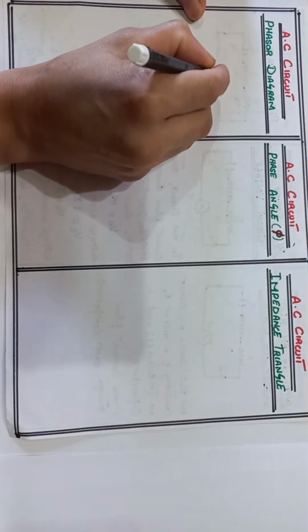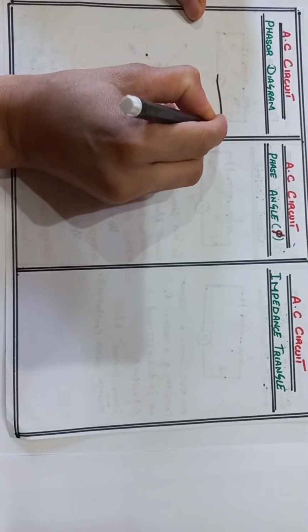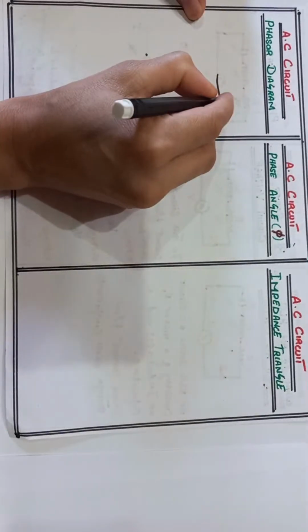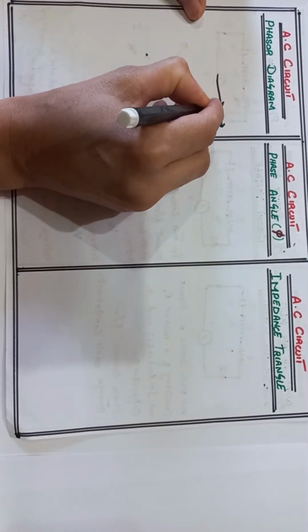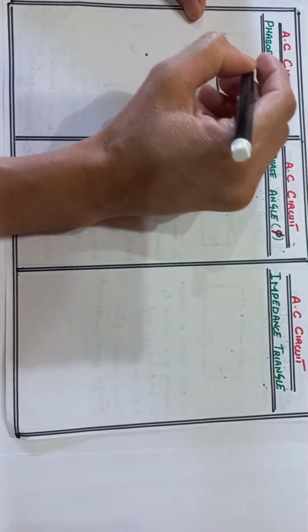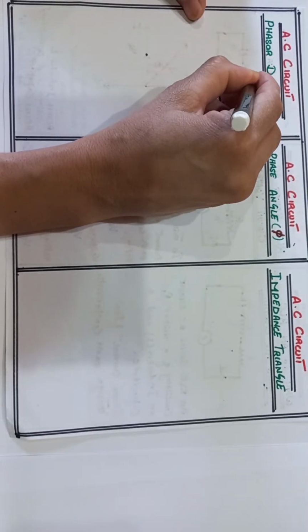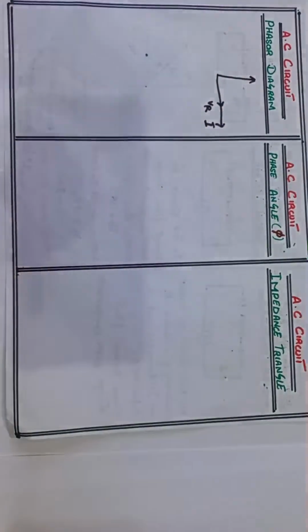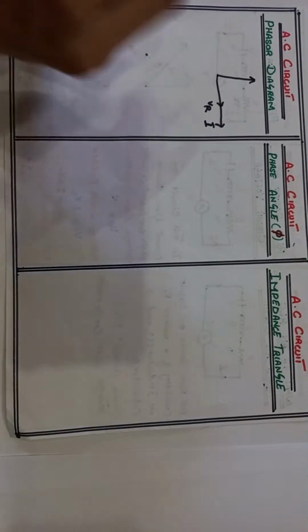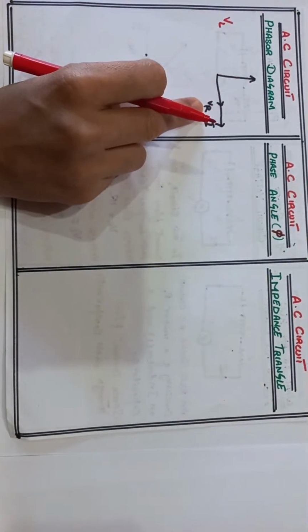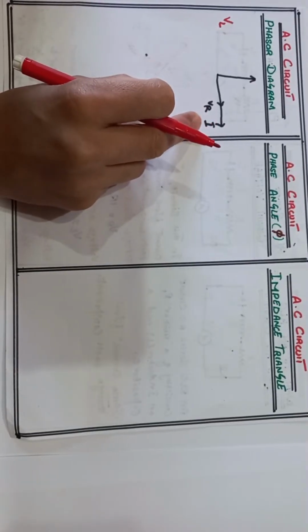We take the current as the reference axis. When the current is on the reference axis, the voltage VR is in phase with the current. And here we take the condition when the voltage across the inductor L is greater than the voltage across the capacitor C. In the last diagram, we discussed that the voltage VC always lags behind the current by 90 degree.